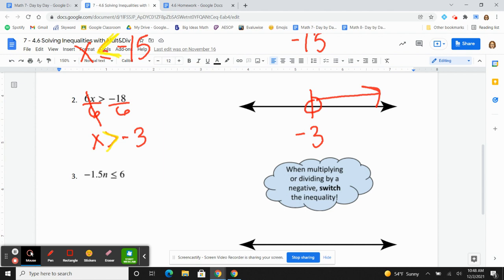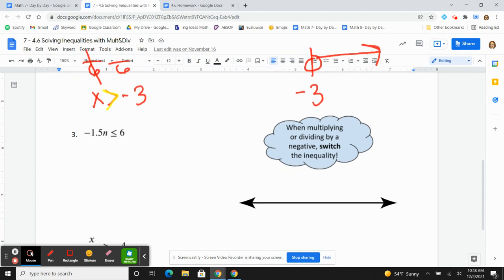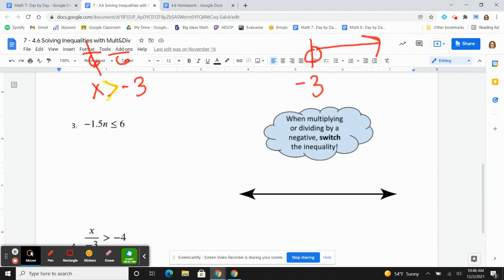So for number 3, -1.5n is less than or equal to 6. In order to get that n by itself, we're going to divide by -1.5. Then we also have to divide the other side by -1.5. So this cancels out and we're left with n.